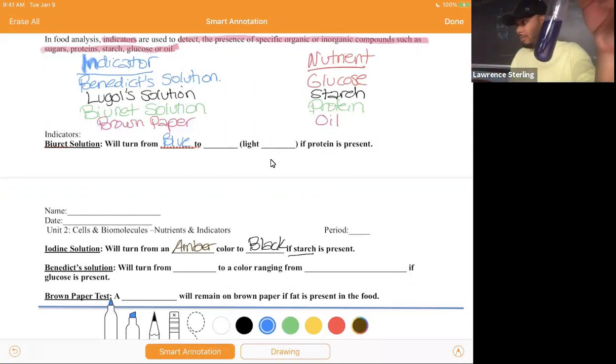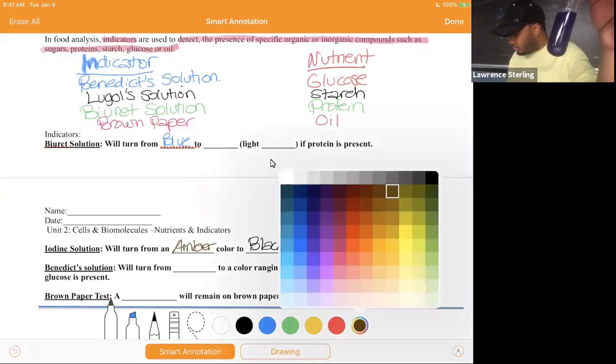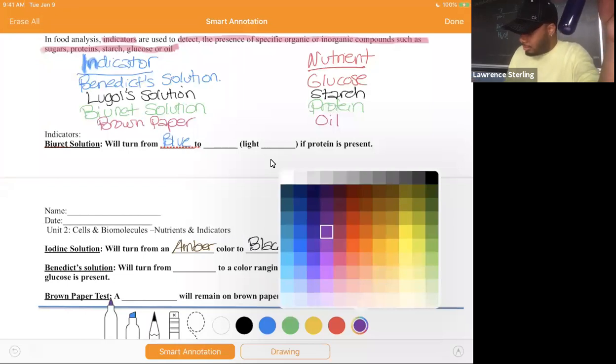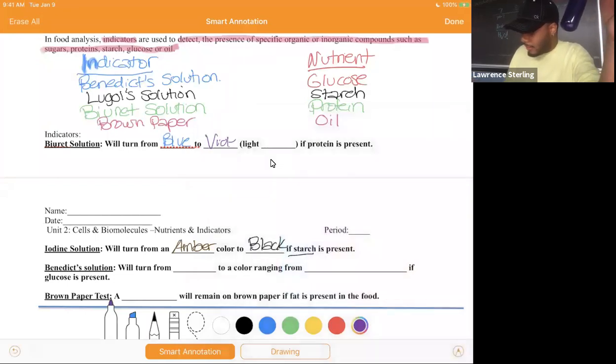So we call that violet. So under Biuret solution, it goes from blue to violet, which is essentially just supposed to be a light purple if protein is present. Okay.